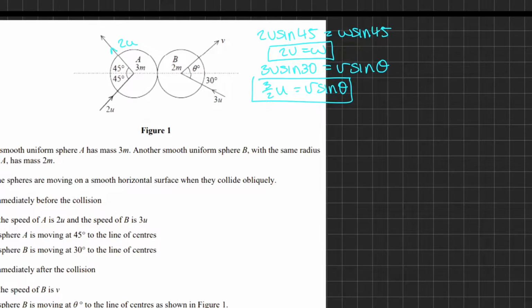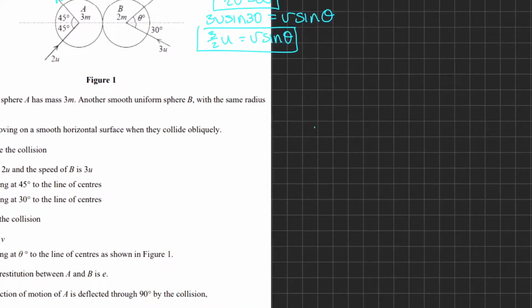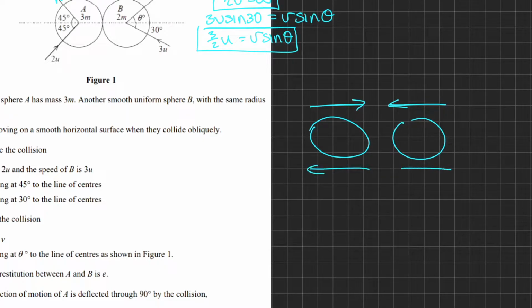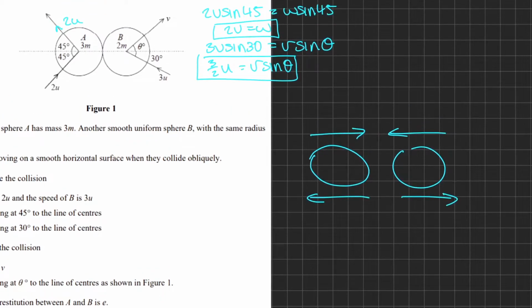What we can do is condense this from a 2D problem into a 1D problem to make the maths easier. So if we redraw the balls, we're now going to consider them in one dimension. The top velocities that I'm drawing on here are going to be the initial velocities, and the bottom ones are going to be the final ones. So this is A, which has mass 3m, and this is B, which has mass 2m. The initial velocity of A is 2u cosine 45, which is just root 2 u.